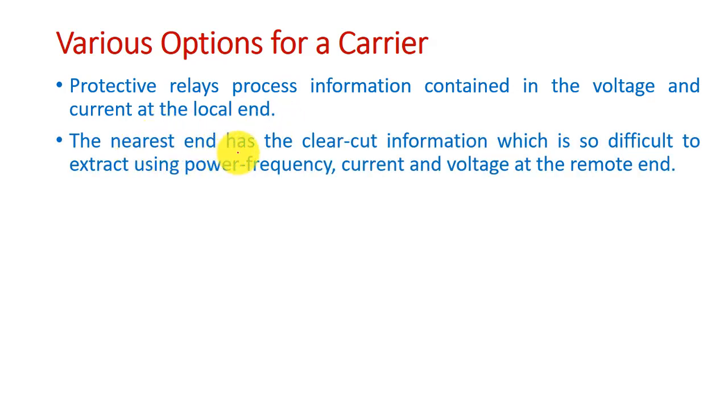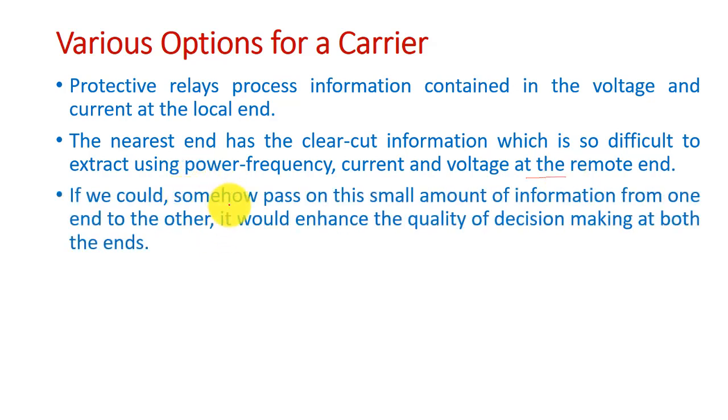The end nearest to the fault has clear-cut information about where the fault is happening, which is difficult to extract at the remote end using the power frequency current and voltage. Therefore, it is very difficult to get that information quickly at the remote end using the power frequency.